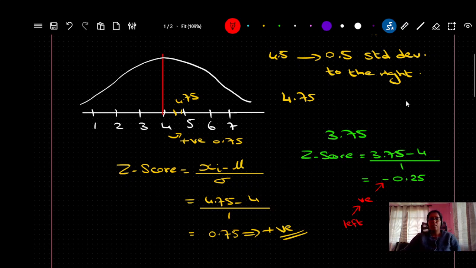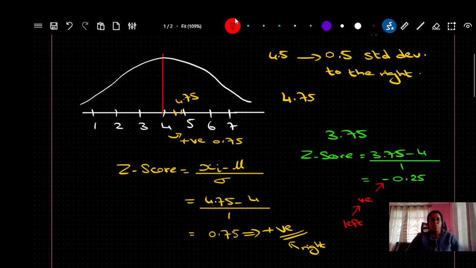And positive, it is to the right. This is very important so that you can have a clue of where does the number fall. Is it to the left of the mean or to the right of the mean?